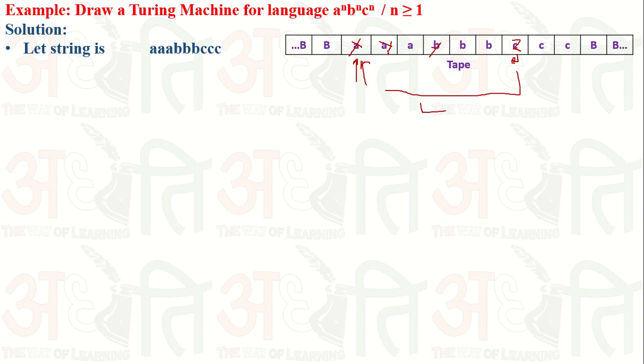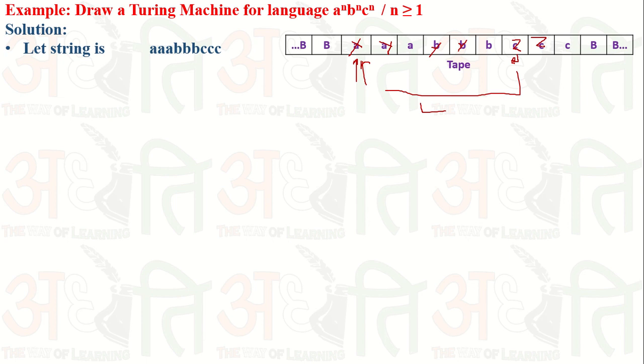Then we move right, bypassing a's, and again pass y. When b comes, we mark it as y. Then moving on, we bypass the b's on the right side, again bypass all the z's, and we find the c, then we mark it as z.